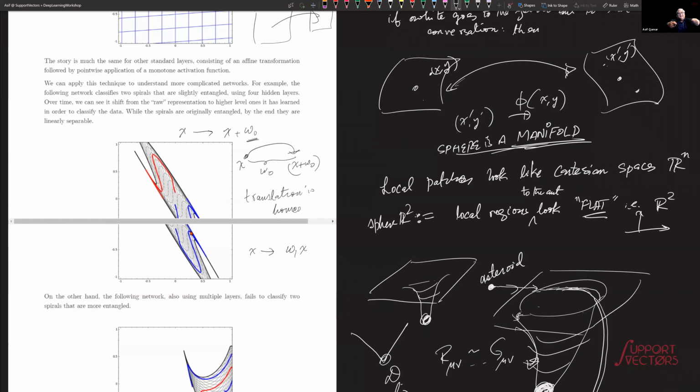Make sense? So is this invertible? Of course, you can divide it by W1 and you'll get back the original point. So this too, scaling, which is basically stretching, is a homeomorphism and is invertible.